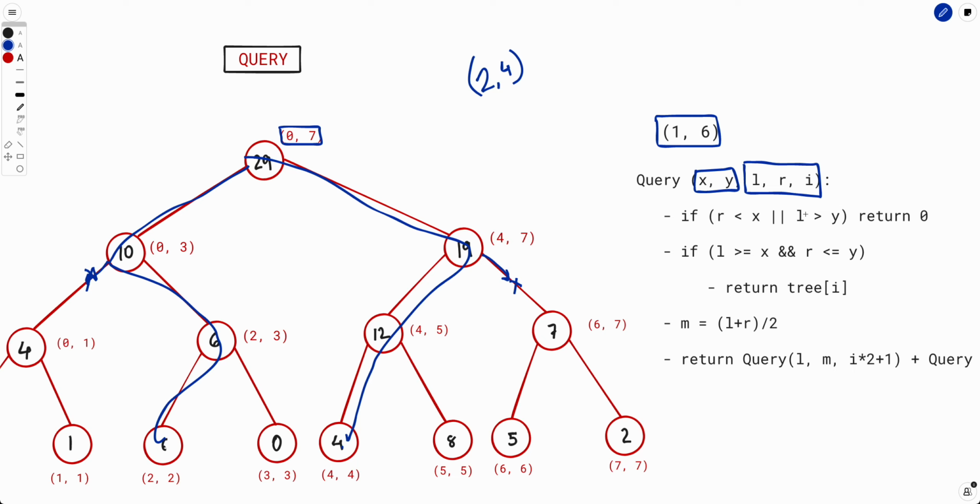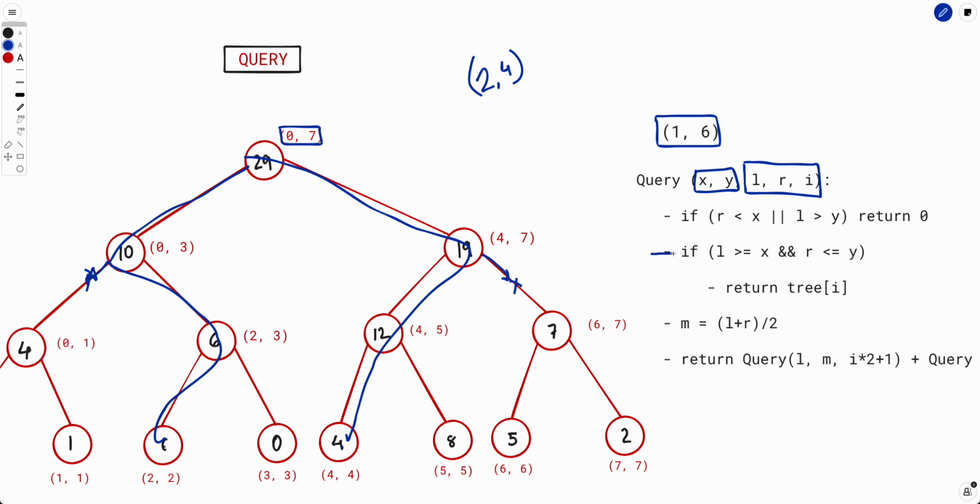If it lies completely outside, we'll just return zero because we are trying to find the sum. If we are not able to expand further, the contribution of this node would be 0 to the sum, right?